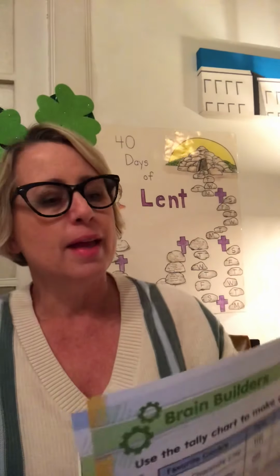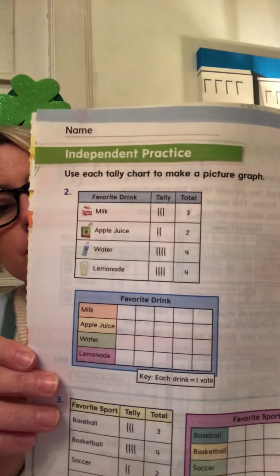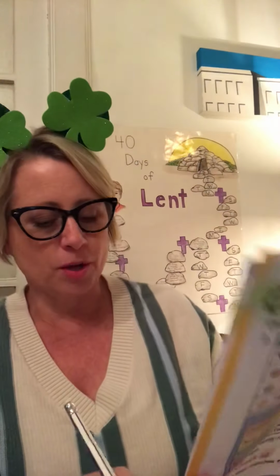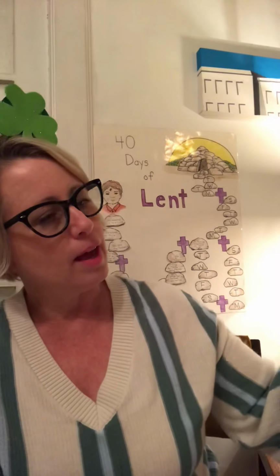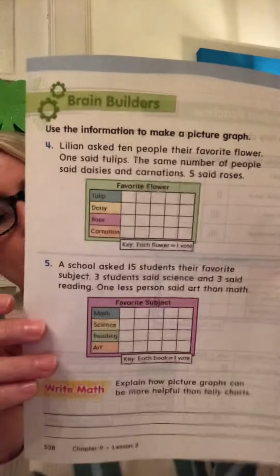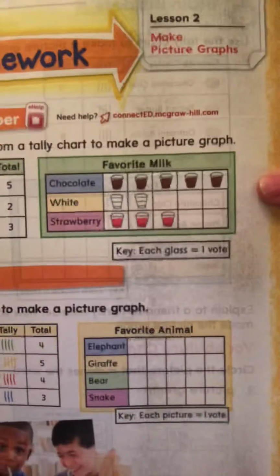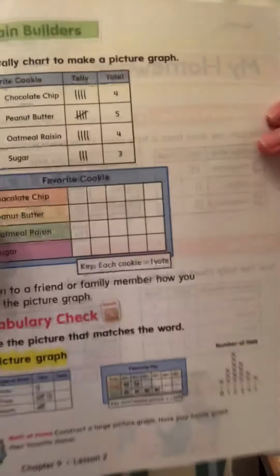Then your independent work starts on page 537 and continues on the back, 538. And then your homework is 539 and 540.